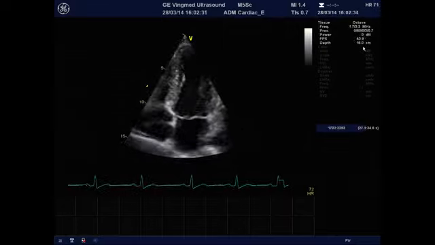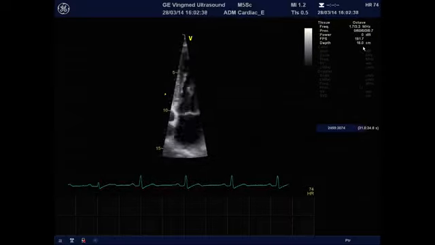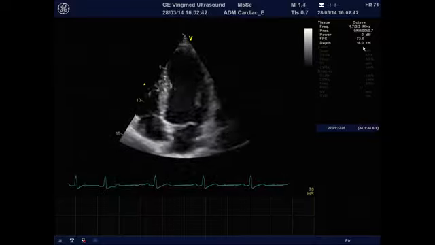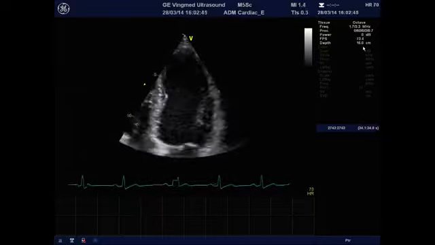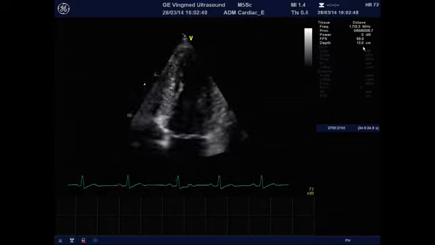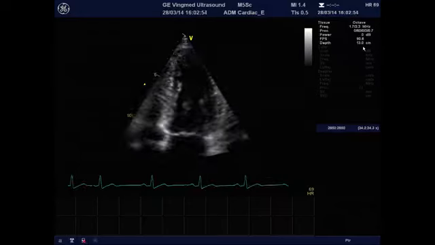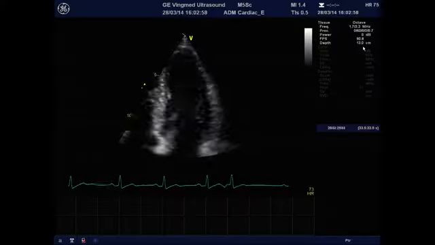If I reduce the sector size, you will see how the frames per second go up. If I increase the sector size, it goes down. Similar things happen when I change the depth. Then also there, the frame rate goes up. Third, I have a frame rate button on the machine. Also there, I can optimize the frame rate.